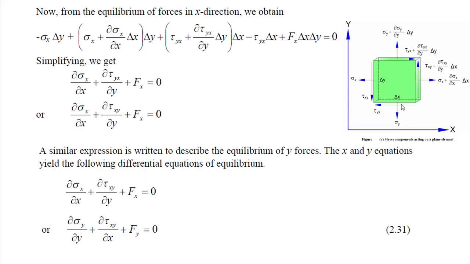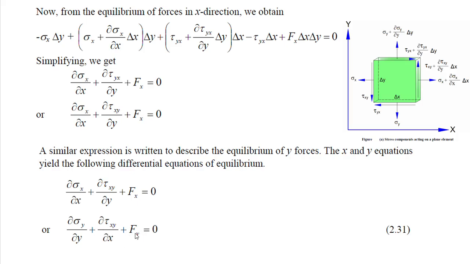which is acting in the negative downward direction. The final equation we get is dou sigma y by dou y plus dou tau xy by dou x plus f of y is equal to 0. This is the final equation we get from the y-axis coordinate.